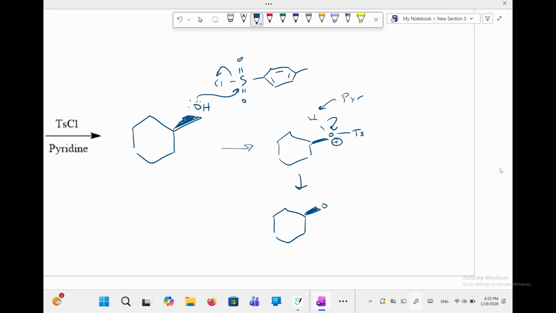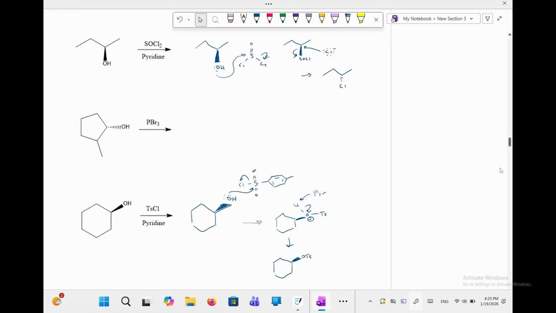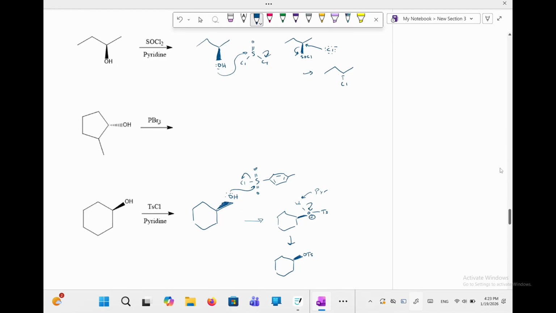Notice that when we convert the alcohols into different leaving groups, with SOCl2 and PBr3, I didn't draw PBr3 because it basically is like SOCl2, but instead of a chlorine, it's bromine. But when we turn the alcohols into these leaving groups, there's a difference in the stereocenter, right?